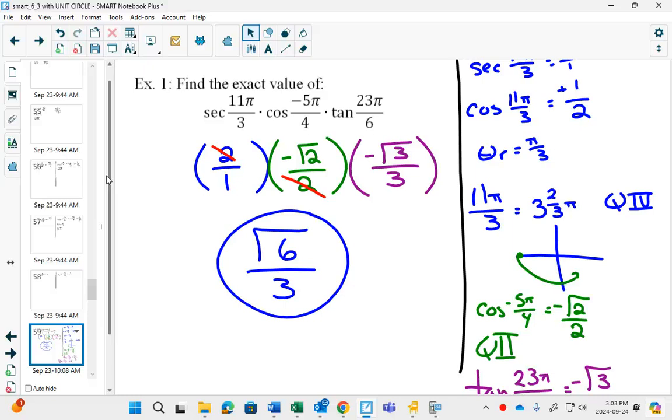So I have another handout. In particular, there's 4 parts on this handout.